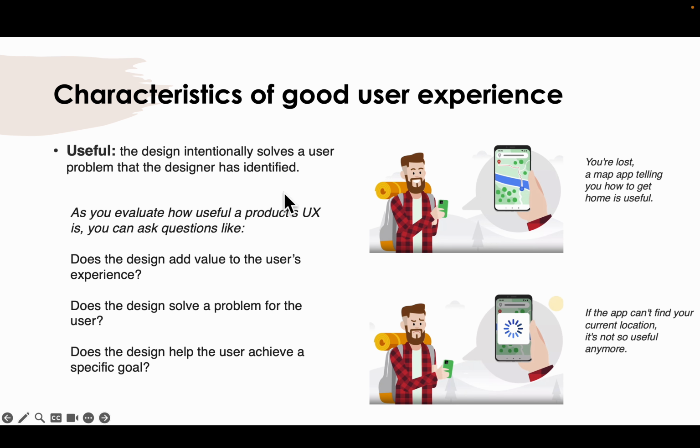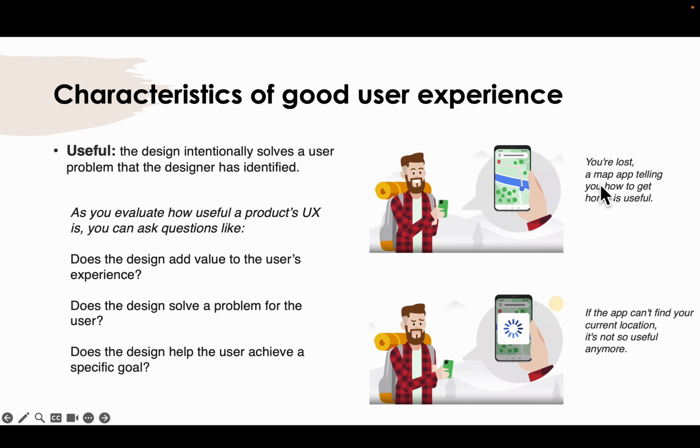So the last one is useful, right? The useful definition is very easy. The design intentionally solves a user problem that the designer has identified. For example, all of us need to use a map app to help us find the way, right? So Google Map is a useful product.